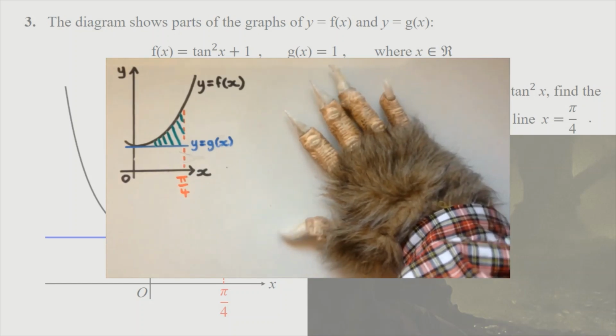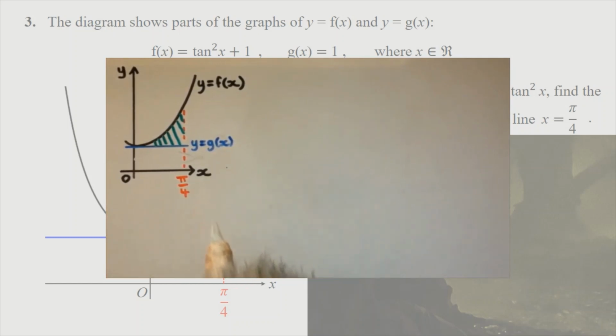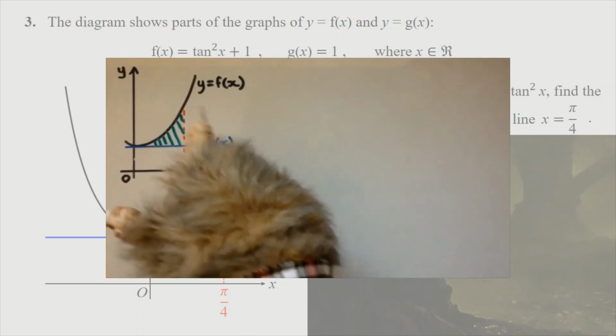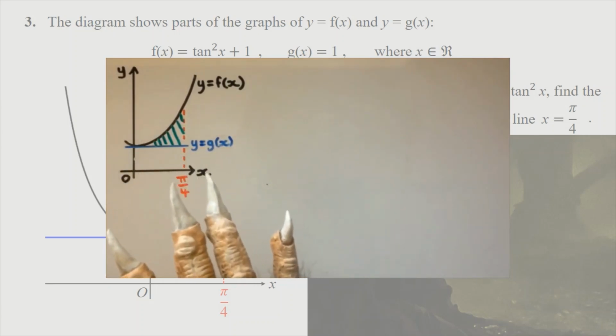In question 3, we're given quite a lot of information, so I've included a diagram here, and what I've done is I've shaded in the area bounded that we need to find.